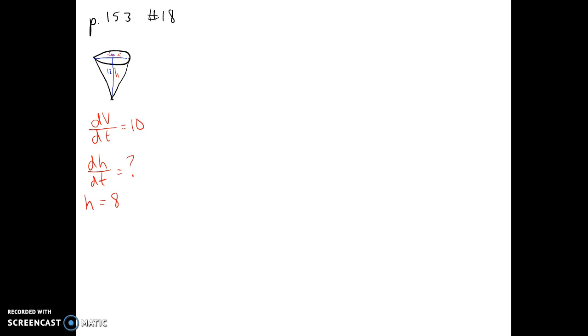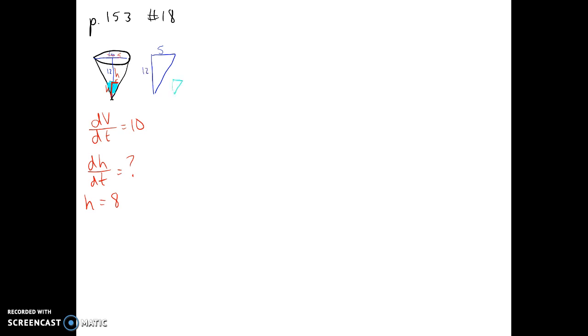So if we're putting water into the tank, then this triangle formed here is h and r. And the big triangle is 5 and 12.